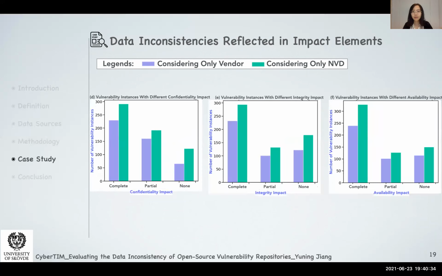Meanwhile, only accounting for NVD entries, the analysis results suggest that our investigated system suffers from a higher impact on confidentiality, integrity, and availability.